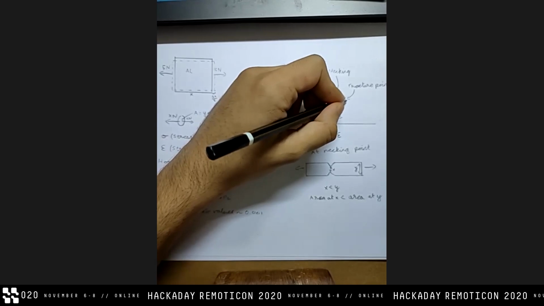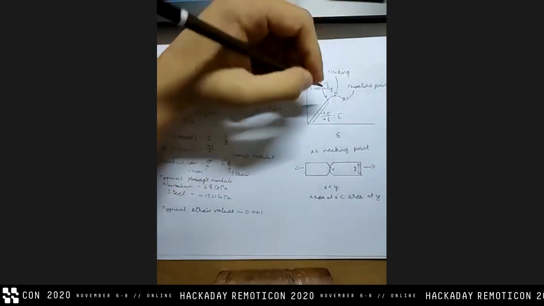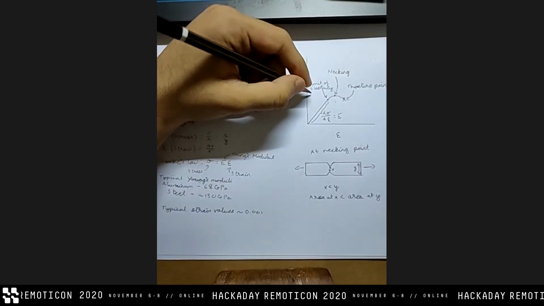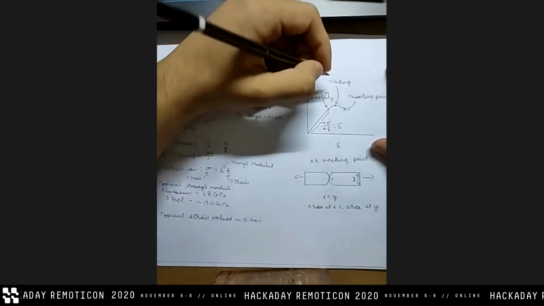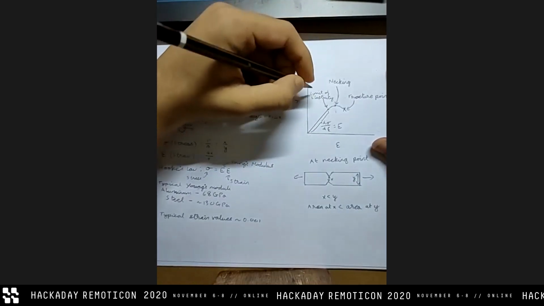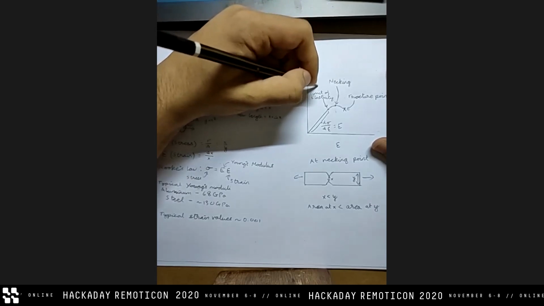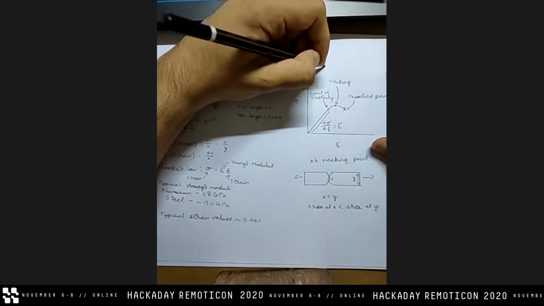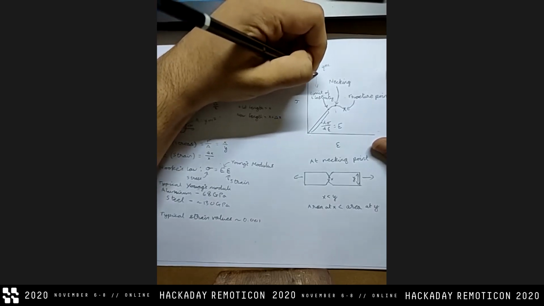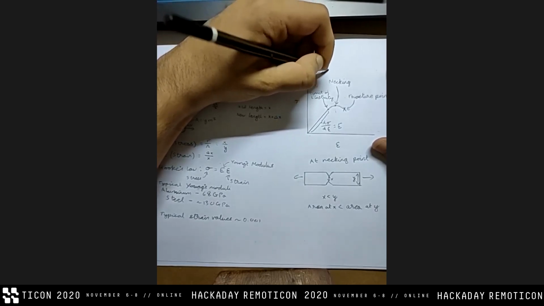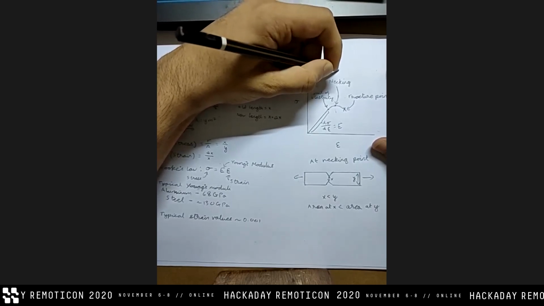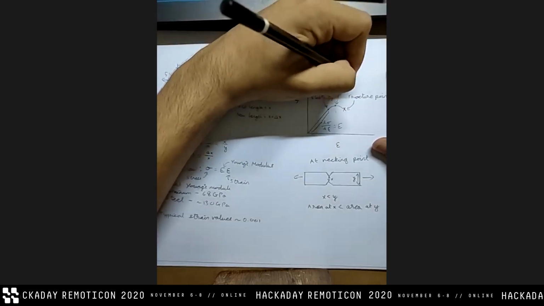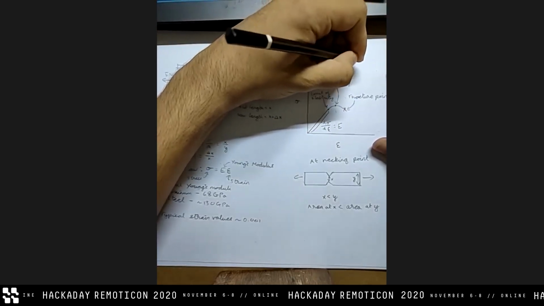So, the limit of elasticity is like this point you probably shouldn't cross. Yeah, if you don't want permanent, what do you call it, change. Yeah, this is the point you definitely shouldn't cross.